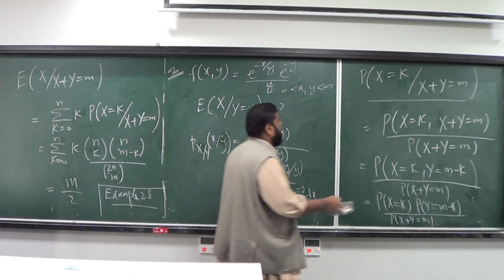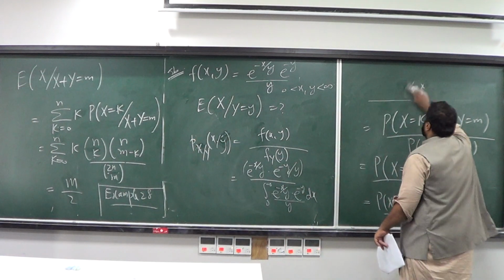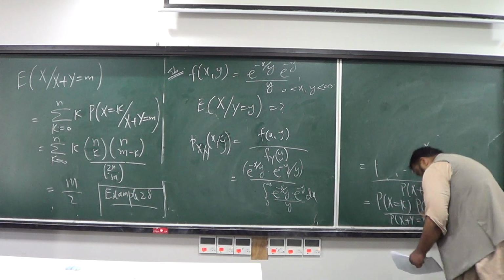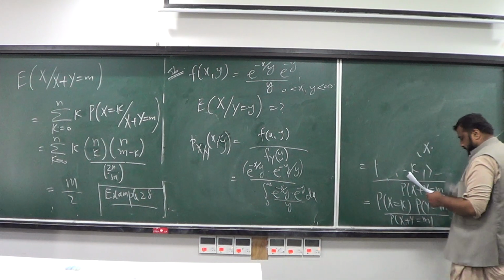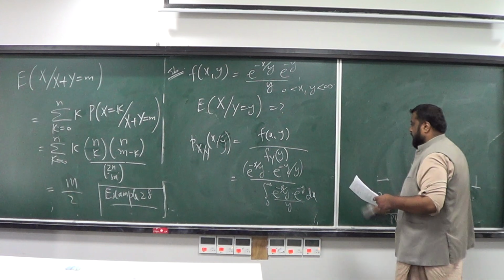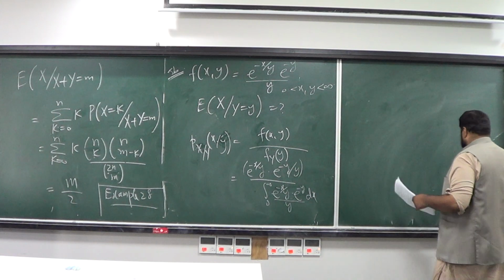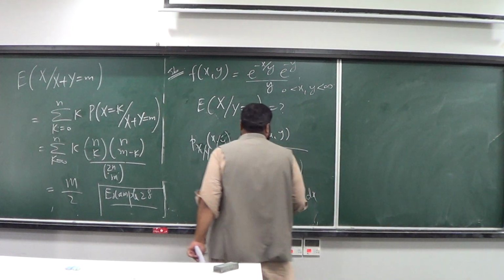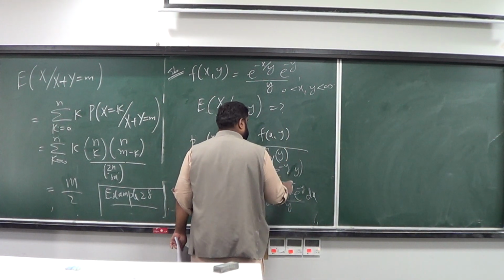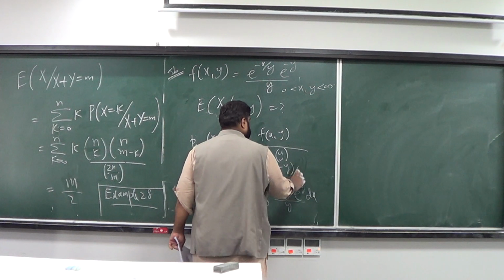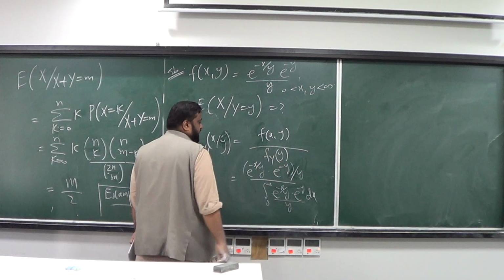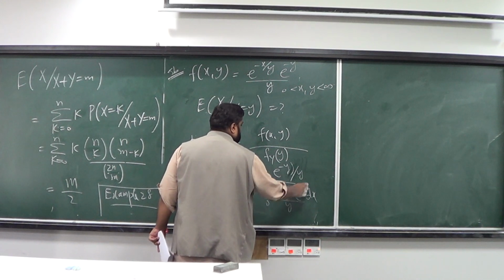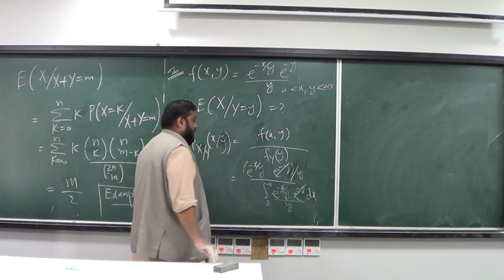So you can compute this integral. It is a little bit of computation, not difficult. By the way, this is also obvious: the e to the minus y and the y are independent of this integral, so you can pull them out, and if you wish, you can also cancel them out.